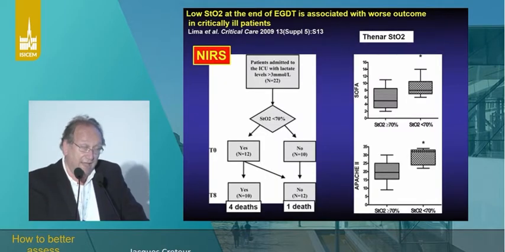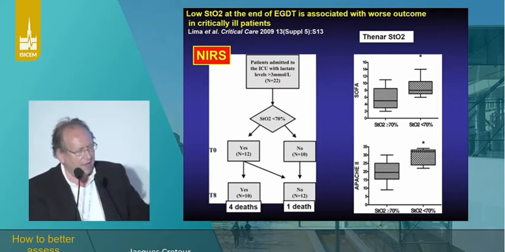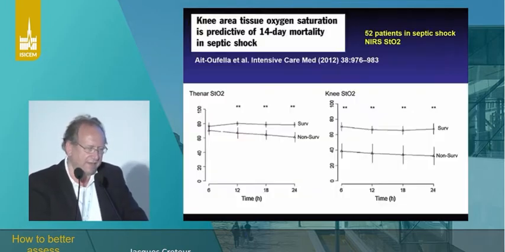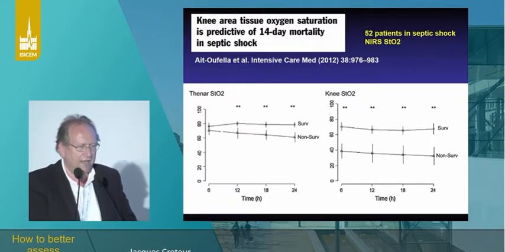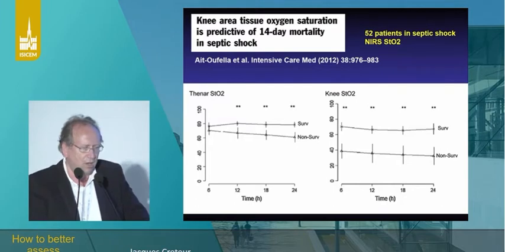You can assess also peripheral perfusion using near-infrared spectroscopy, and this study performed by the group of Jan Bakker showed that if the StO2, which is the tissue oxygen saturation, remains low during a resuscitation procedure, the chance to die is higher. This is the same technology, but not applied on the thenar eminence, but on the knee, and as you can see, if the StO2 remains low, the chance to die also is very high.